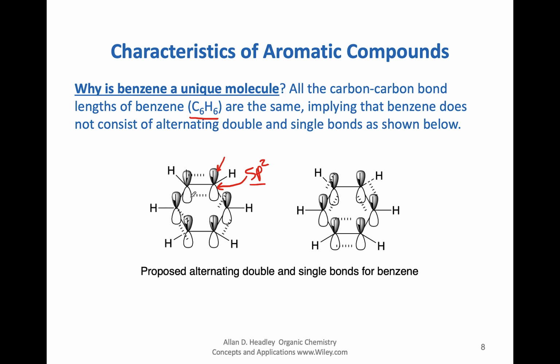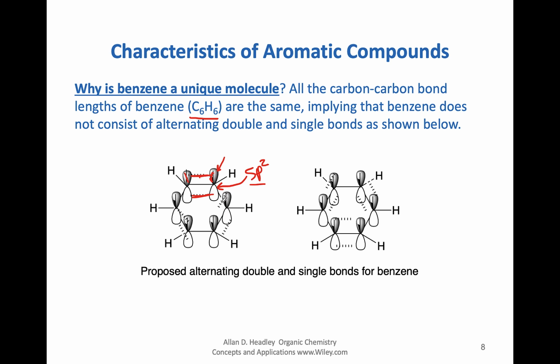Okay, what we do know is that all the bonds here, these carbon-carbon bonds, we do know that they're equal. So in other words, they're not alternating between double and single. So in other words, what we're saying here is that these 2 electrons, for example, they don't bond here to form a pi bond.